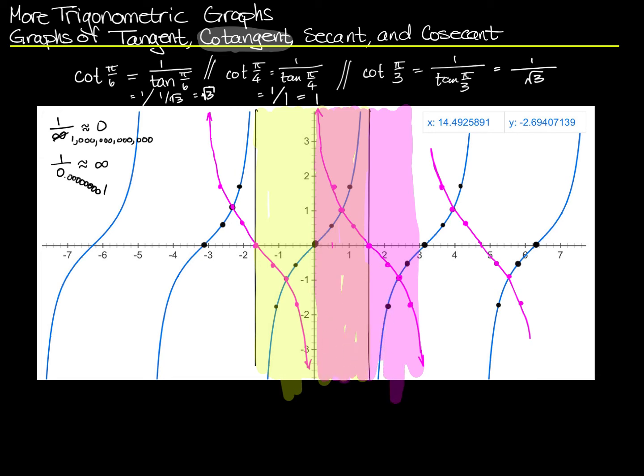And the pink highlighted region is the region we think of as the primary region for cotangent. They are not the same. So we say that they both have a period of pi, right? This goes from 0 to pi, and this goes from negative half of pi to positive half of pi. So that's also pi.